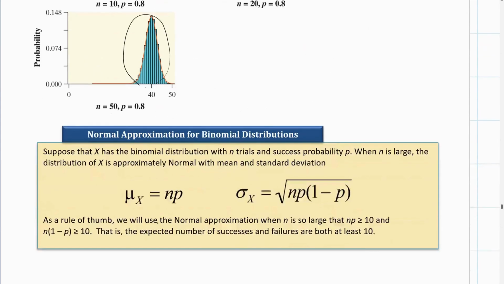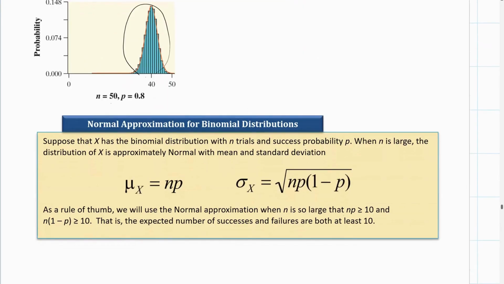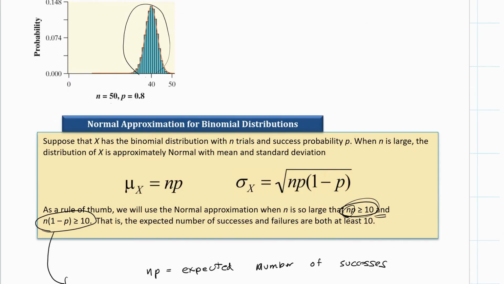And that answer is as long as we get n times p greater than 10. Well, n times p is the expected number of successes. So as long as we expect at least 10 successes, and n times 1 minus p, which is really the expected number of failures, is also at least 10.